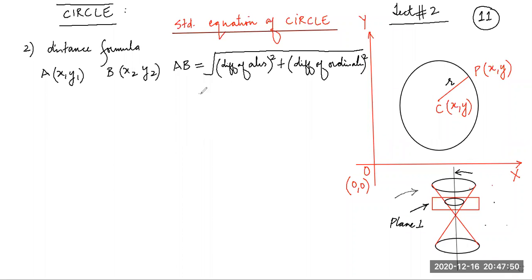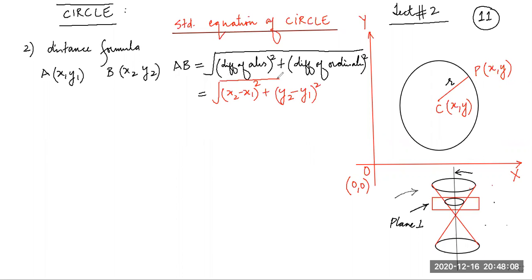I can write it like this. The difference of abscissa is x2 minus x1 whole square. Next is Ishma, y2 minus y1 whole square, whole under root.